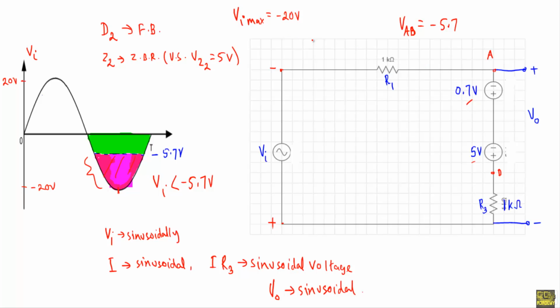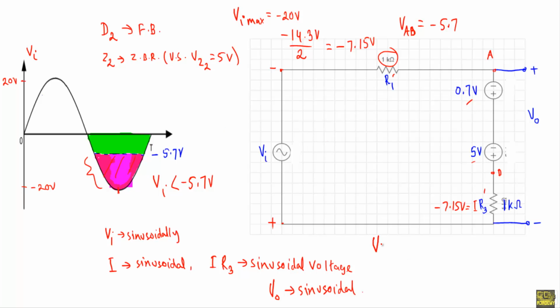Therefore the rest of the minus 14.3 volt will be divided across the resistors R1 and R3 using the voltage divider rule, as they share the same value of 1 kilo ohm each. So I will get minus 7.15 volt. That means IR3 max will be equal to minus 7.15 when Vi is at minus 20 volt.